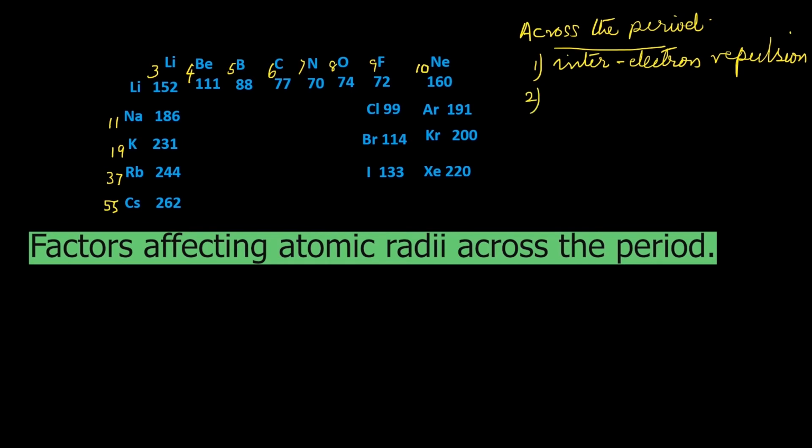Second one, the nuclear electron attraction. All the positively charged protons are concentrated in the nucleus, so the nucleus is positively charged. The electrons are negatively charged, so they attract. It is the combined effect of these two forces, that is repulsive force and attractive force, which decides the size of the atom.